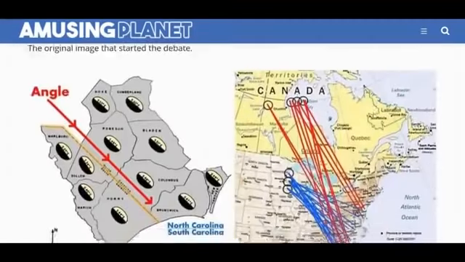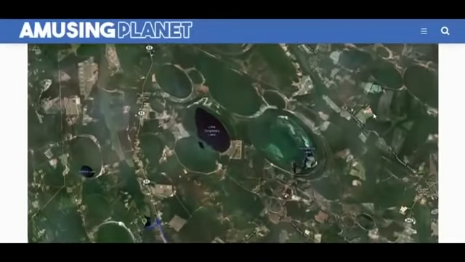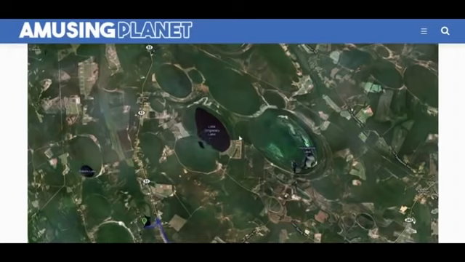Not surprising. So I believe this is in North Carolina. But you've got all these elliptical bays of various sizes, and sometimes they overlap, and portions of them will fill with water.